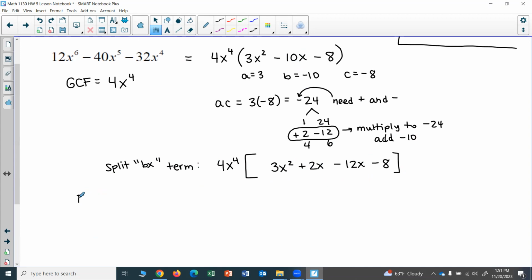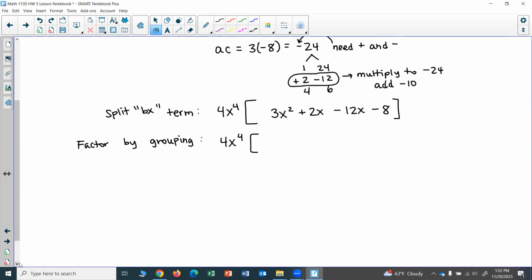Now I have to factor by grouping. That GCF is still just coming along for the ride, and I'm just factoring what's inside by grouping.